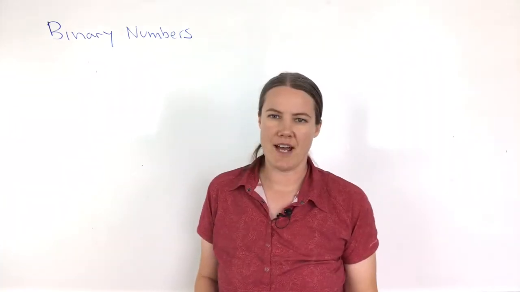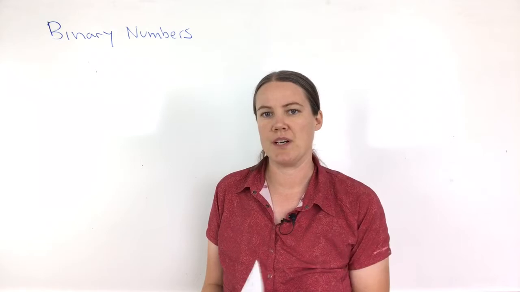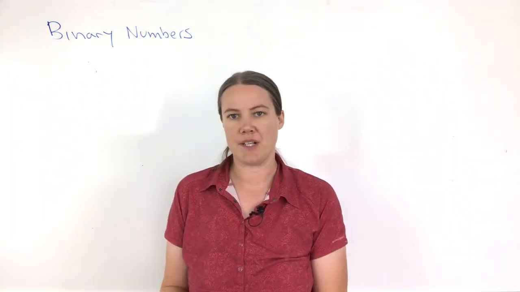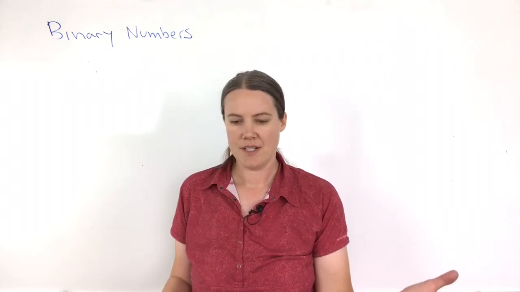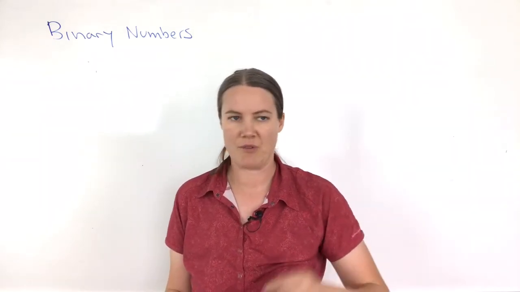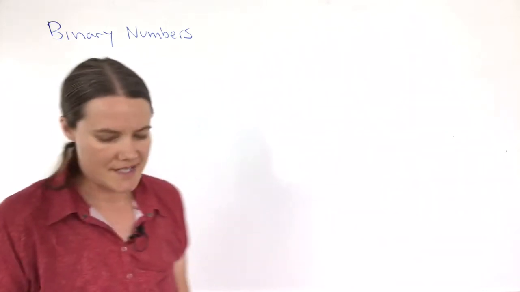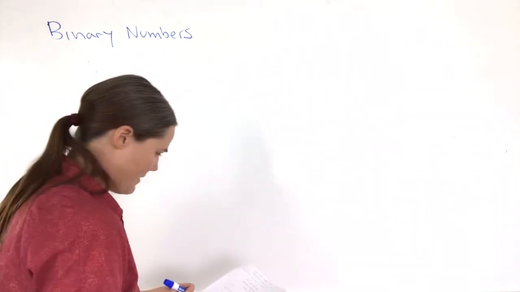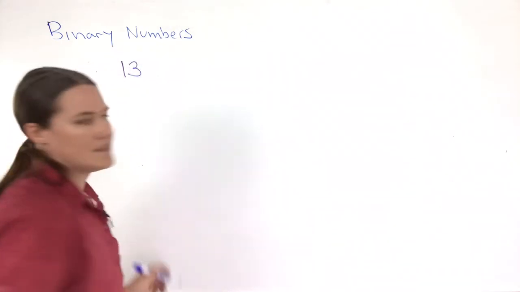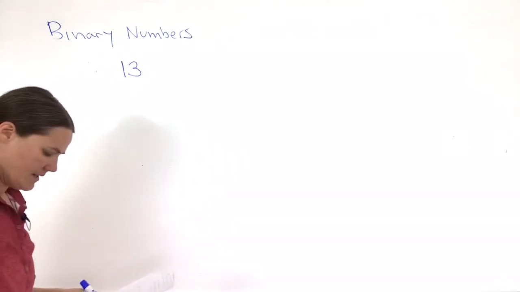I want to show you how to convert a decimal number into binary. The previous example showed how, if you have a binary number, to go to a decimal number, but I want to show you how to go from a decimal to a binary number. So let's say we have 13, and we want to convert this 13 to binary.